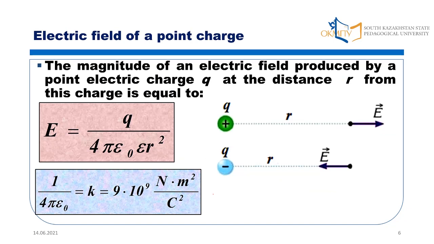The electric field of a point charge. Every electric charge produces an electric field around itself.